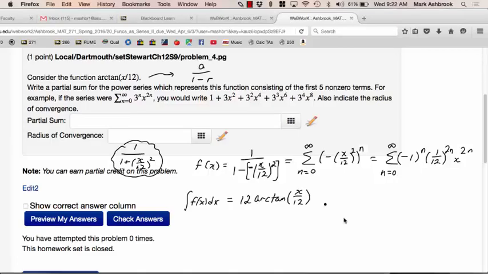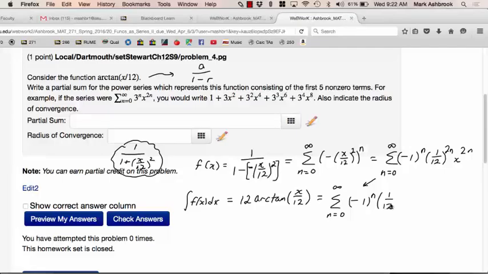So let's write out what that is. I'm going to go right to this one. This is why we did this. So what's the antiderivative of this series right here? The sum from n equals 0 to infinity. Anything that doesn't have x's in it just comes along for the ride.